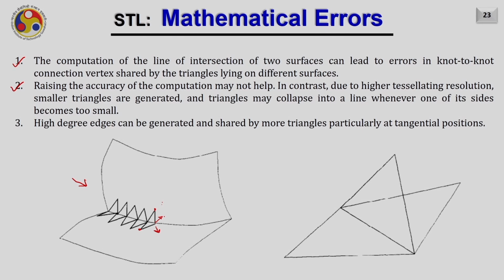The second one is that raising the accuracy of the computation may not really help. In contrast, due to higher tessellation resolution, smaller triangles are generated and triangles may collapse into a line whenever one of its sides becomes too small. So for example, you want to increase the computation and hence you keep on increasing the number of triangles.